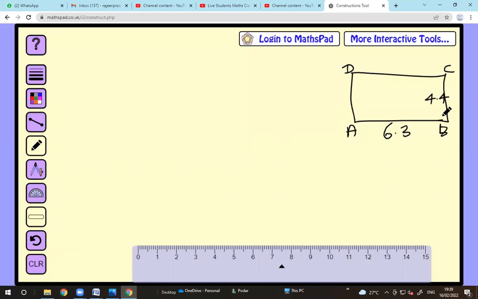The measurements are different from before. So first of all, everybody make the rough sketch. By the time I finish this, I will be asking you to send the photo. Is it okay? Parnika?